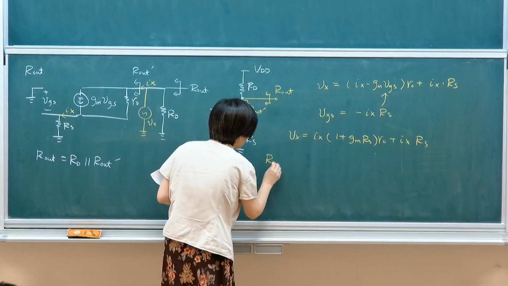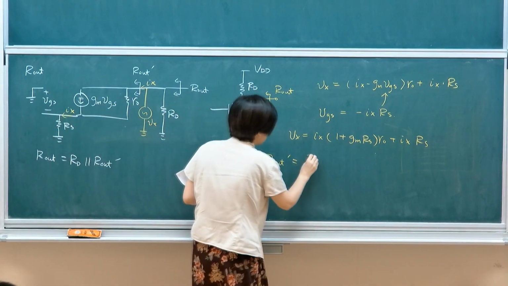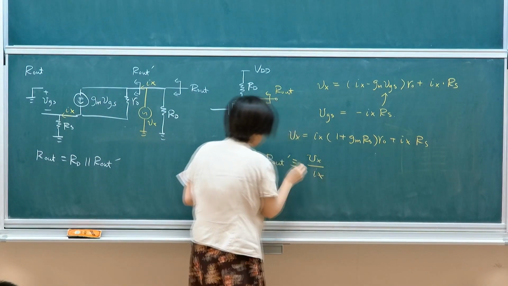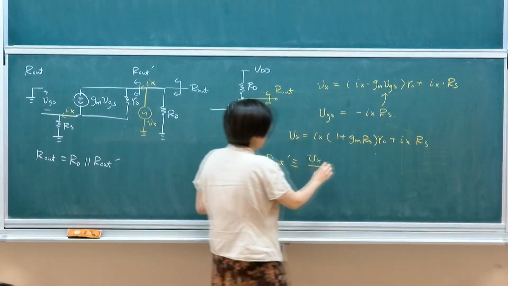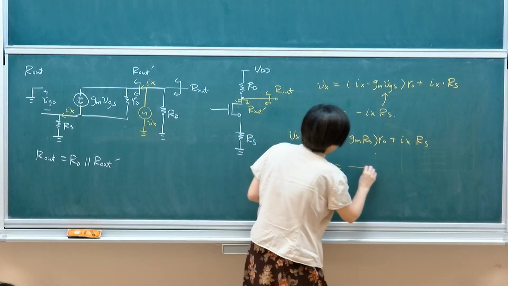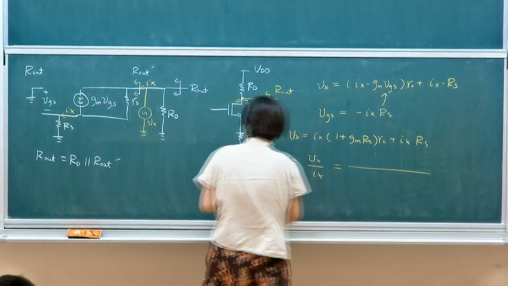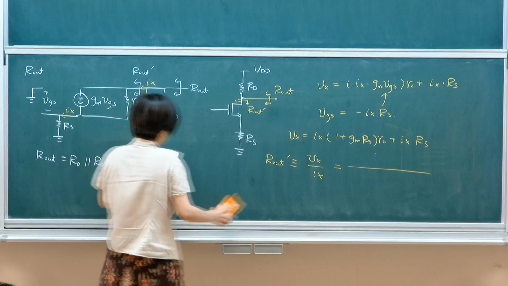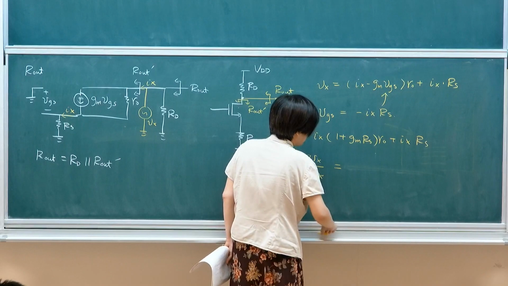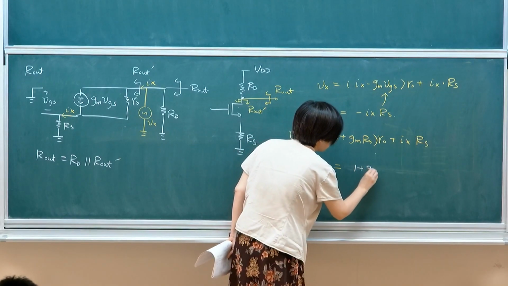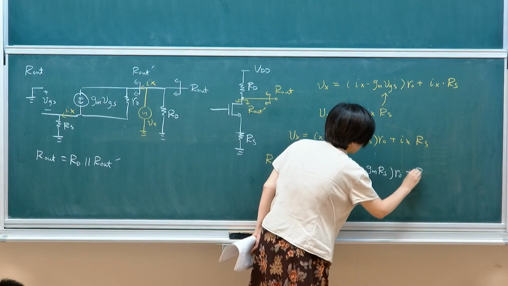By definition, RO prime, because we're testing at this terminal, is Vx over Ix, test voltage divided by test current. So the equation will look something like this. I'm just going to make sure I've got it right. So you get all the Ix to the left, and what is being left is (1 plus GM Rs) times RO plus Rs.